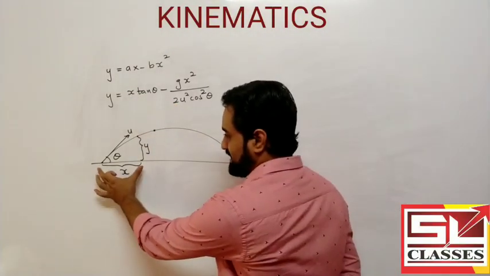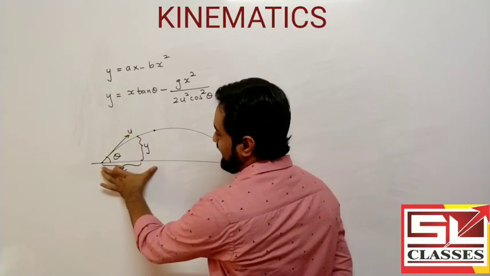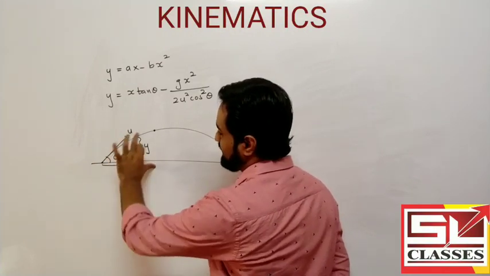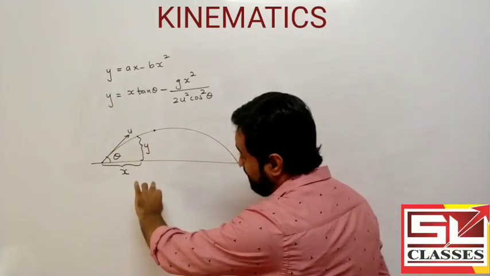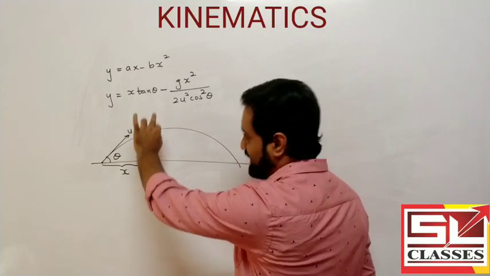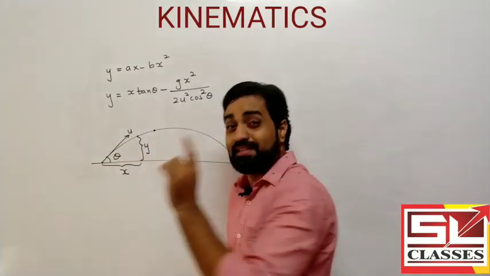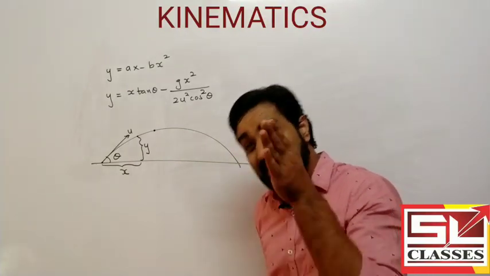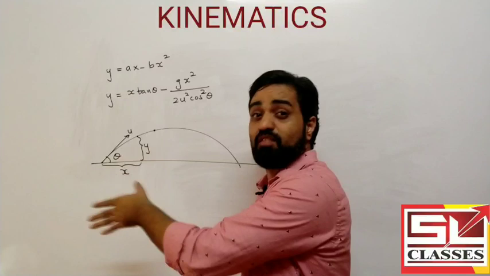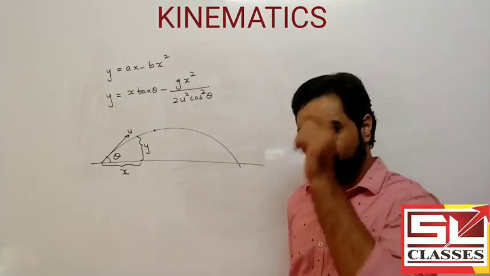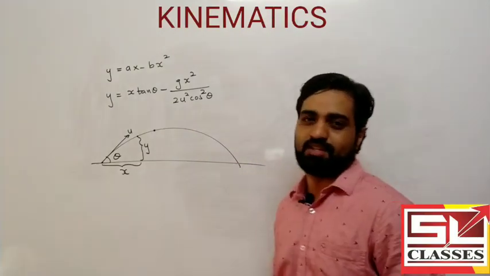See, if this is x, this will be y. The value of y, that is the value of vertical displacement in terms of horizontal displacement, that is the need for this equation of trajectory when solving a question. So first understand the meaning of trajectory of a projectile.